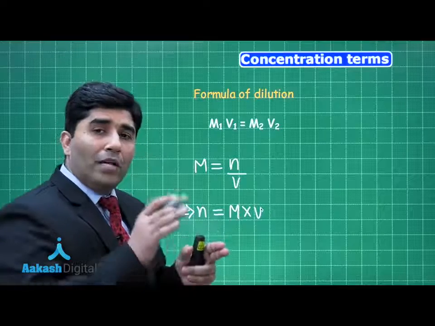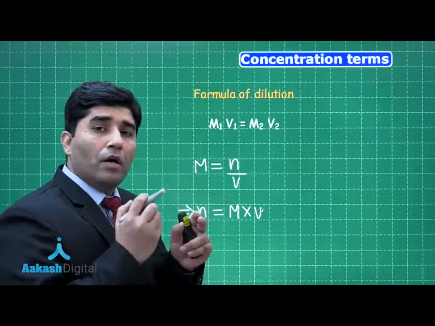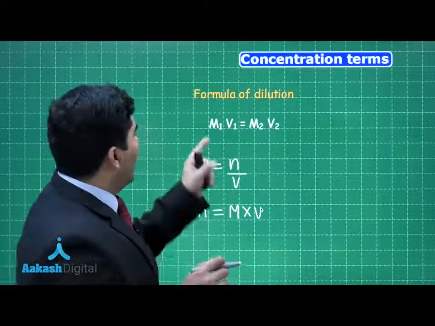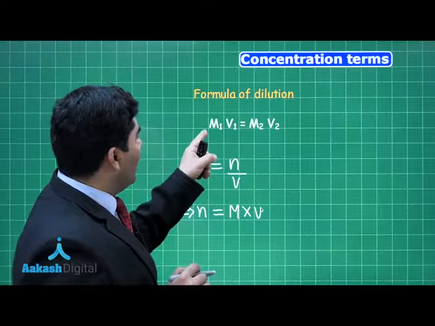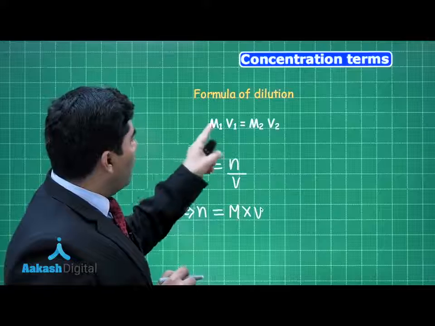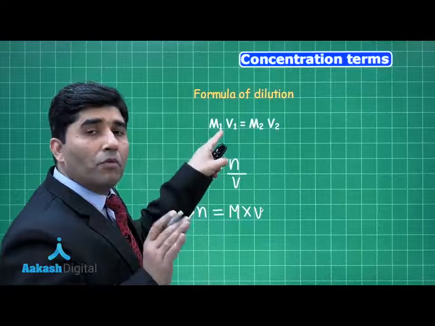When we dilute a solution, the number of moles of solute does not change. Therefore, M1 is the initial molarity, V1 is the initial volume, and the product M1 into V1 is the number of moles of solute.